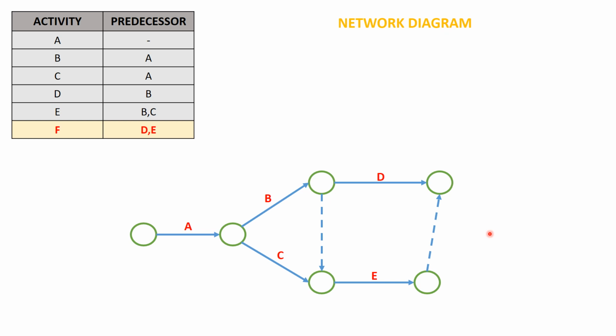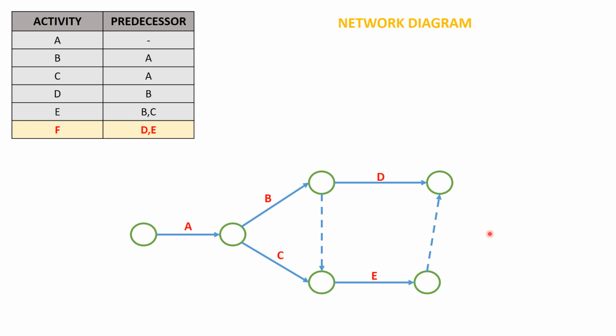So why is it not advisable to use unnecessary dummies? Since it is a very small network diagram, it doesn't matter. But if we have hundreds of activities, sometimes 200, 300, 400 activities in large projects, and we use unnecessary dummies to draw the network diagram, it will create a lot of confusion.